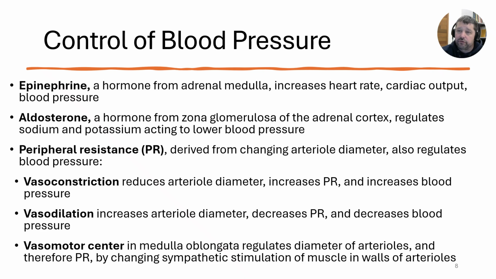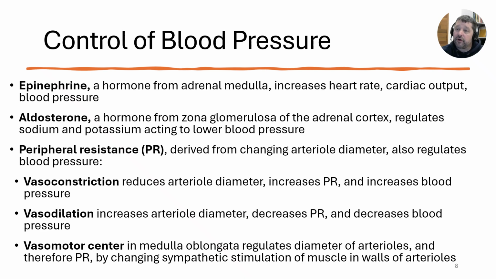You can do this by thinning the blood so you don't have to dilate, or by trying to alter the signal from the medulla oblongata to regulate dilation. It regulates the diameter of the arterioles. So if you can cause the medulla oblongata to send a signal that says, hey, the vessels are too constricted, we need to dilate, this will open up the diameter and allow more blood flow to go through.